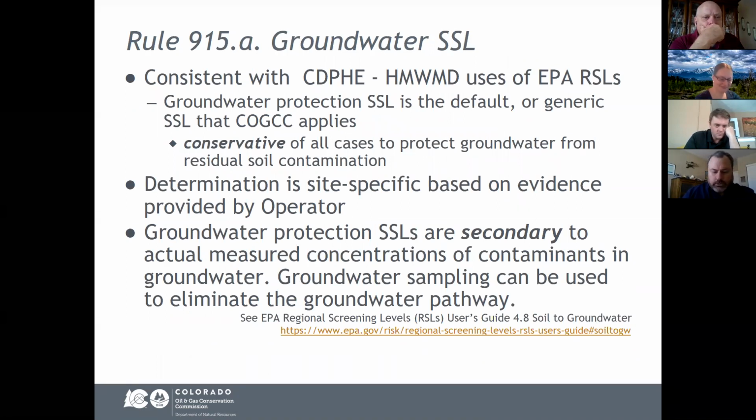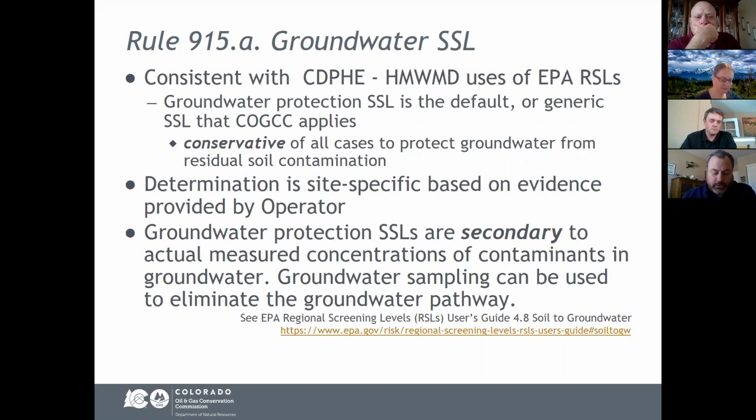So the groundwater screening levels. EPA developed the soil to groundwater scenario to identify concentrations that have the potential to contaminate groundwater above risk-based levels or maximum contaminant levels. EPA calculated the screening levels that are protective of groundwater using very conservative assumptions.